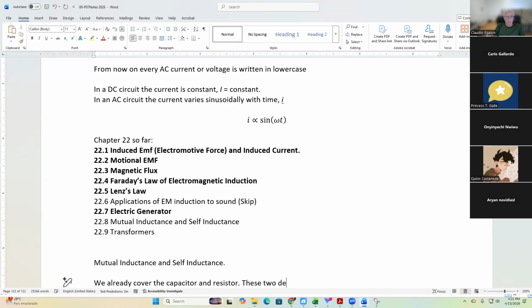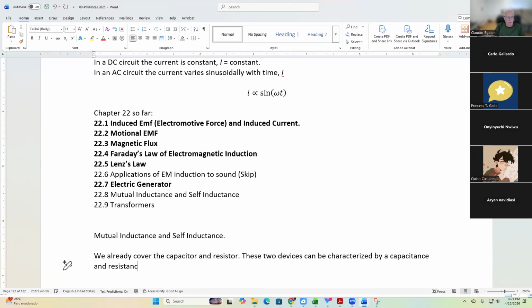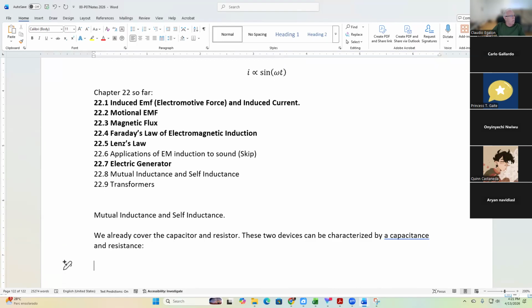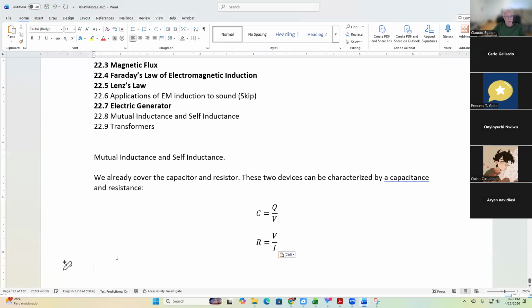These two devices can be characterized by a capacitance and resistance, right? Capacitance is charge over voltage, resistance is voltage over current.